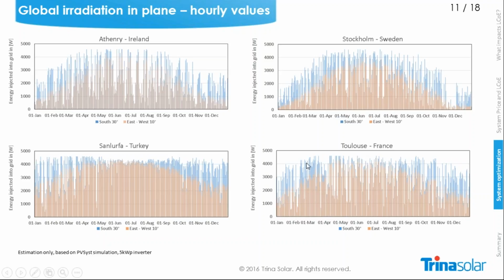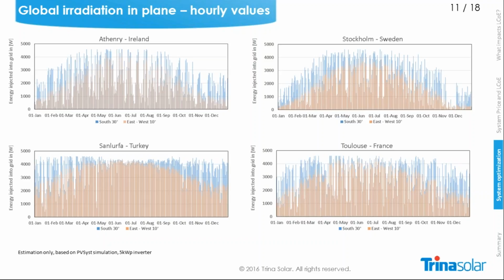Also in France, in Toulouse, the level is compared to Stockholm higher. That means also during the winter months you're producing much more energy than, for example, in Stockholm. This information can be used, for example, also to align with your project.